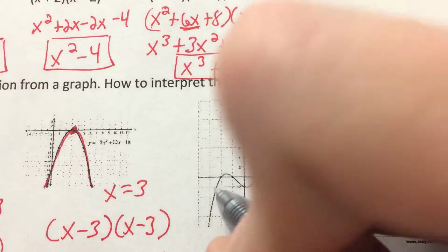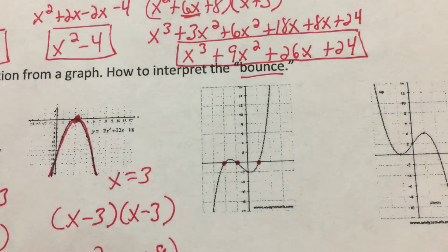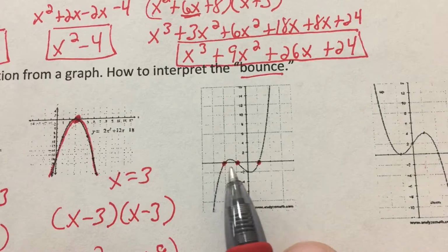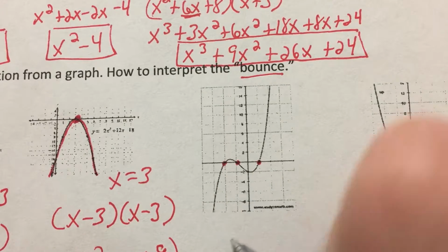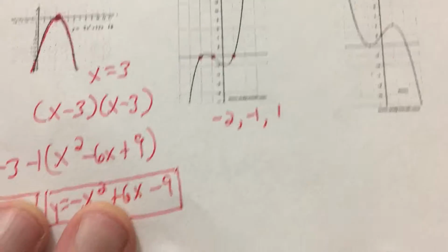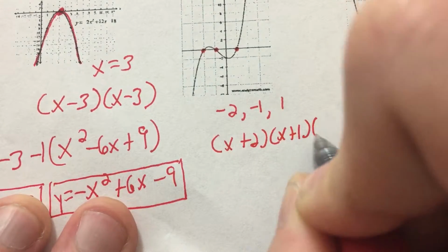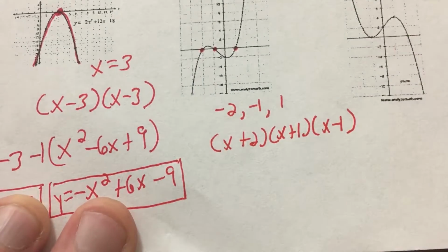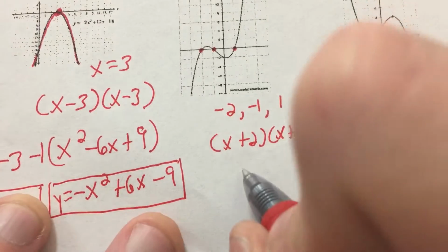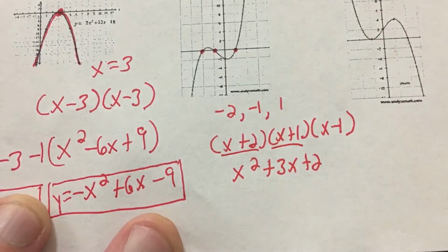So next one is a cubic. It has 3 x-intercepts. That is located at -2, -1, and +1. The binomials that must have made that would have been x plus 2, x plus 1, and x minus 1. So if we were to multiply this whole thing, we get x squared plus 3x plus 2 when we do these two.